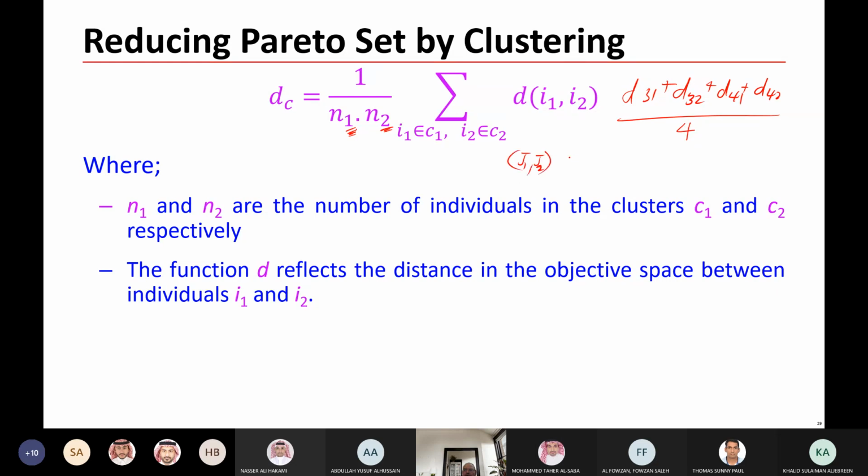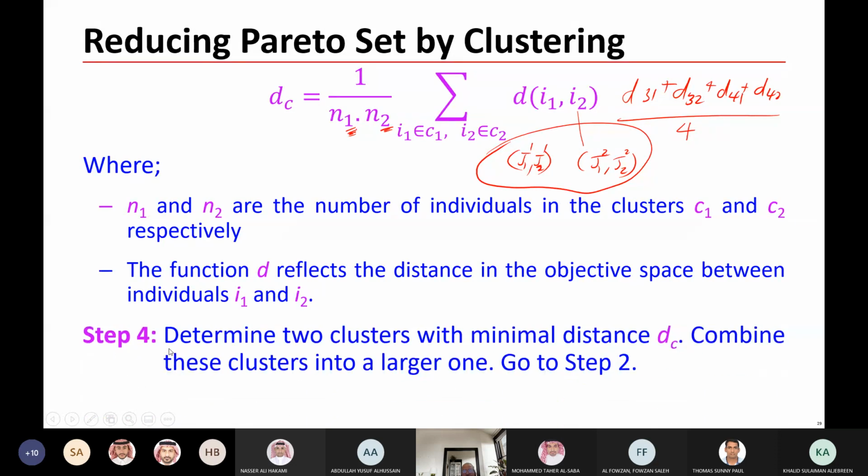Let us say this is 2, 2, and this is 1, 1. This is solution 1, and this is solution 2. Can you get the distance between these two solutions? Of course: the square root of (J1 minus J1) squared plus (J2 minus J2) squared. So you can get the distance between these two solutions.